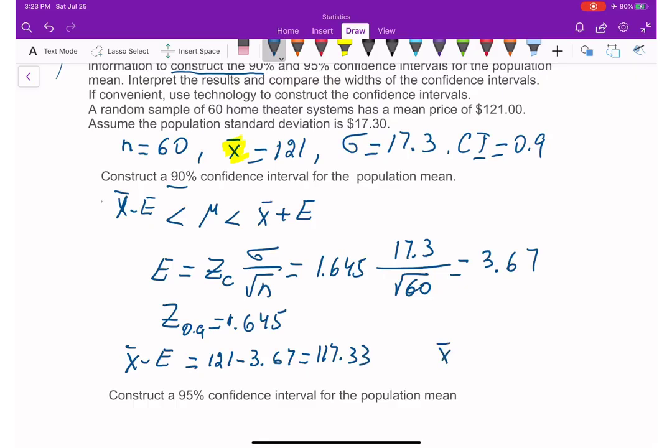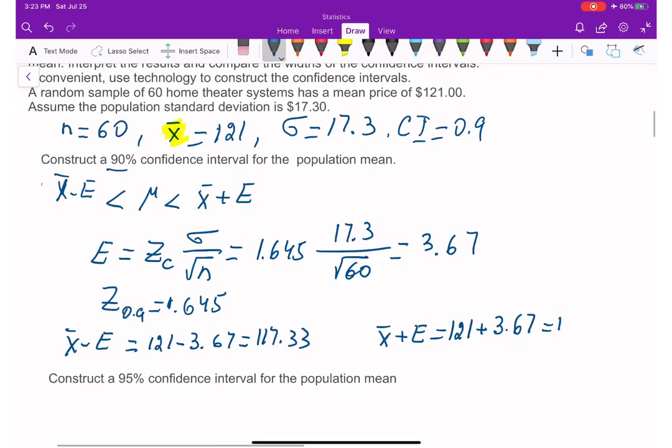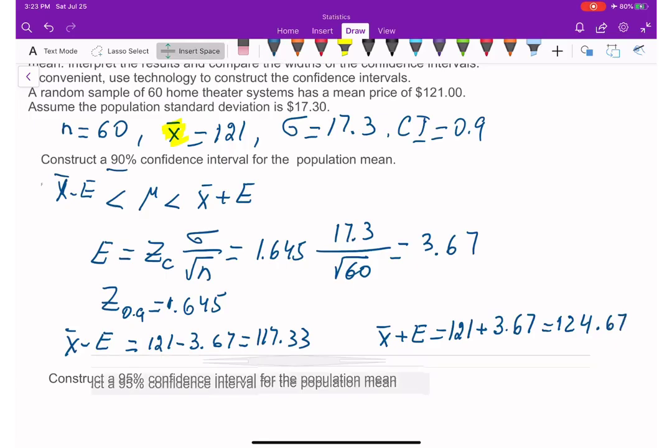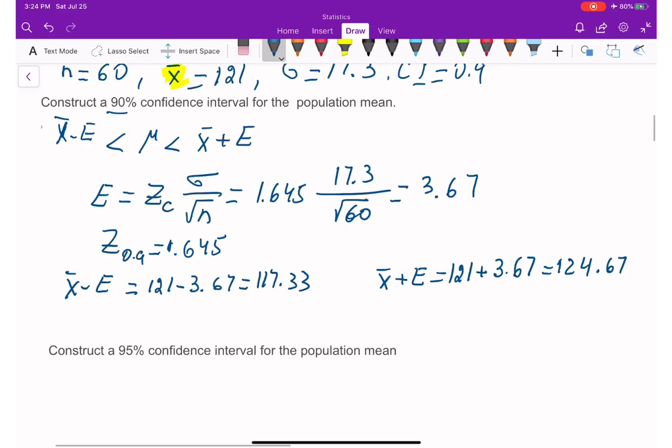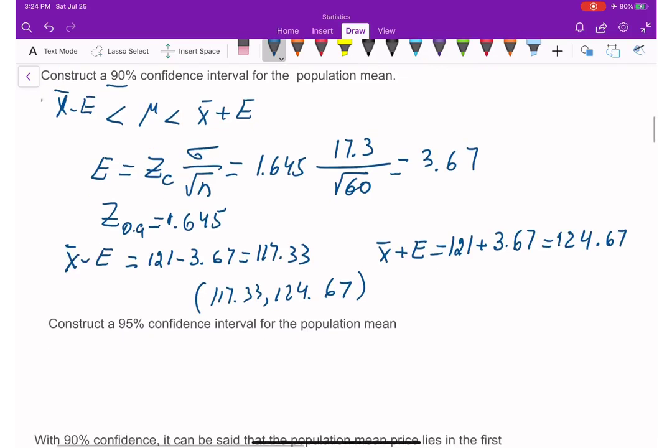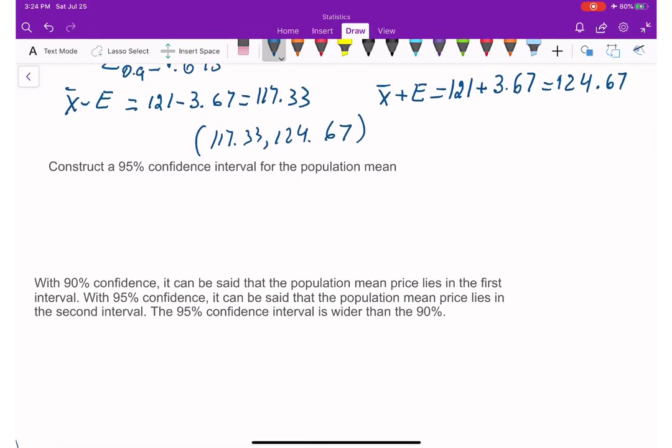And x bar plus error is going to be equal to 121 plus 3.67, and it's going to be 124.67, which means the confidence interval is going to be 117.33 to 124.67. Okay, 95%, you can do it, right?